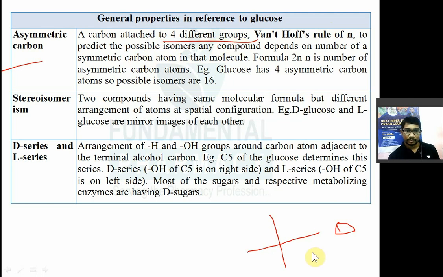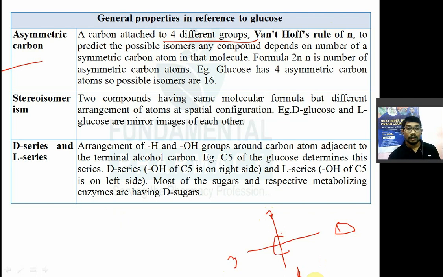Consider the carbon at the center. If one group is here, another there, a third here, and this one is the fourth, a carbon attached with 4 different groups is known as an asymmetric carbon. It is also known as a chiral carbon.